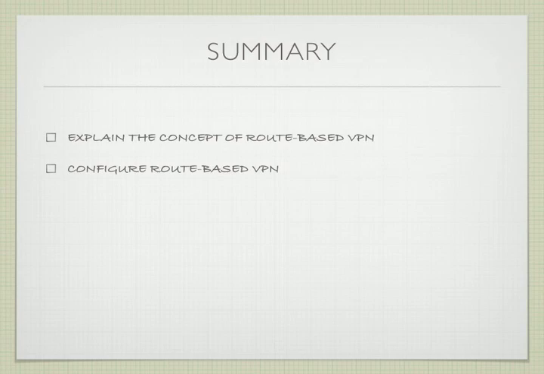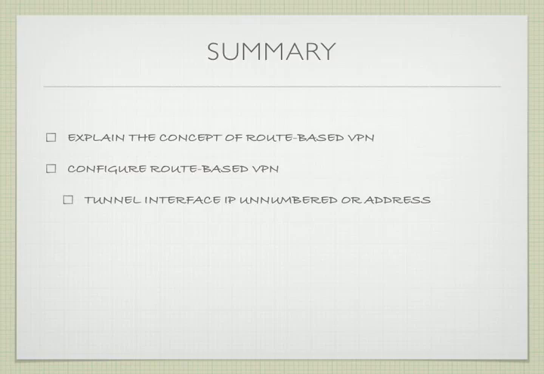A large number of them are in common with policy-based VPN, but there are a few additional objects that need to be created, like the tunnel interface. You should understand the difference between using an unnumbered and an addressed tunnel interface. You should understand the difference in how proxy ID settings are handled in a route-based VPN as opposed to a policy VPN.